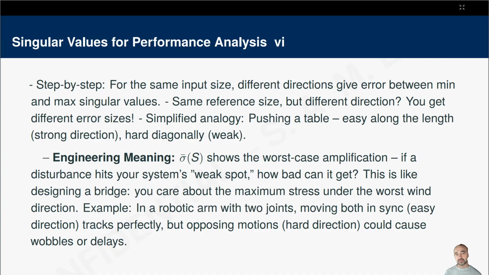You care about the maximum stress under the worst wind direction, right? And you want to be sure that your design always considers this worst case scenario, meaning that whatever the worst wind direction is, you want to consider the maximum stress under that.